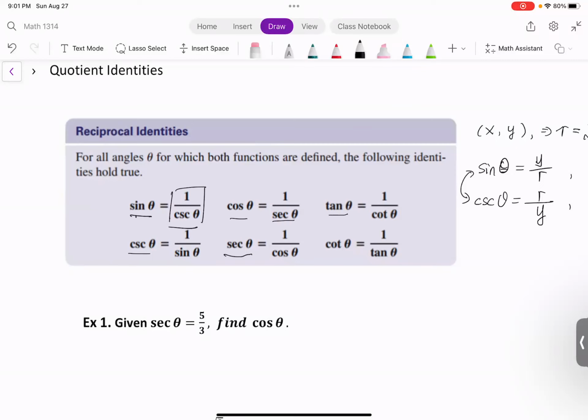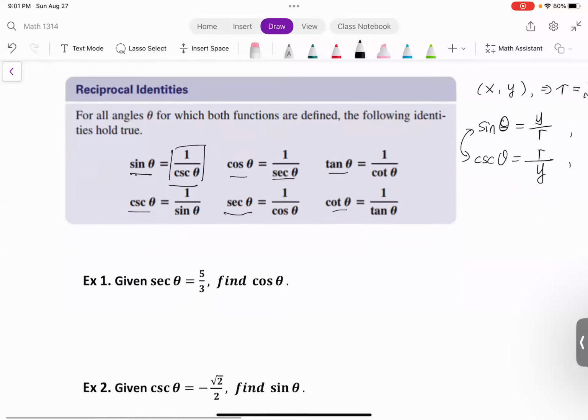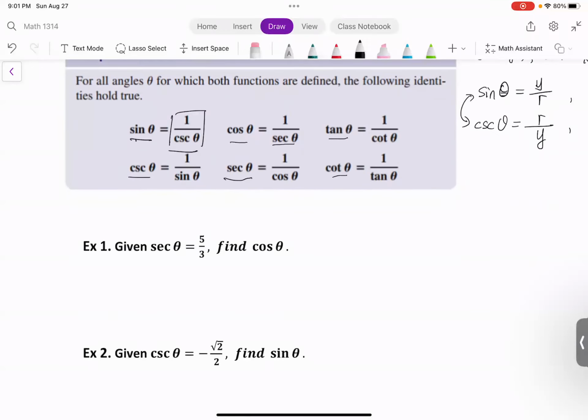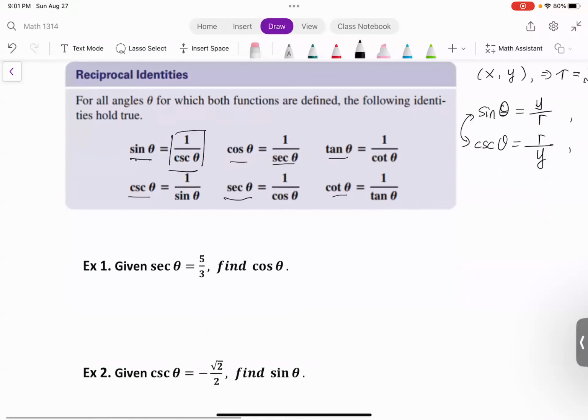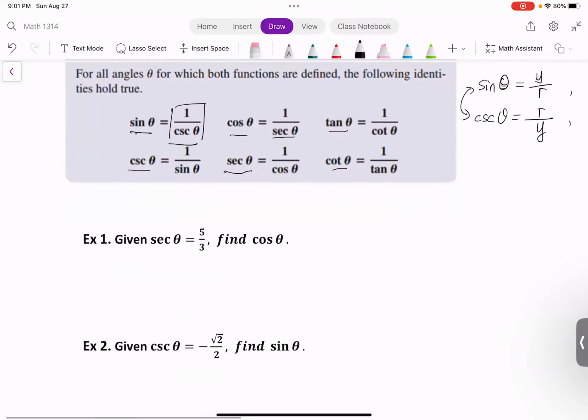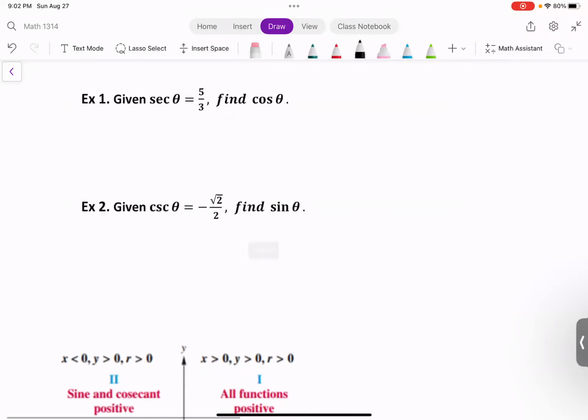Next couple, tangent and cotangent. Tangent theta equals 1 over cotangent theta, and cotangent theta equals 1 over tangent theta. All right, let's use these 6 identities to solve the following 2 examples.